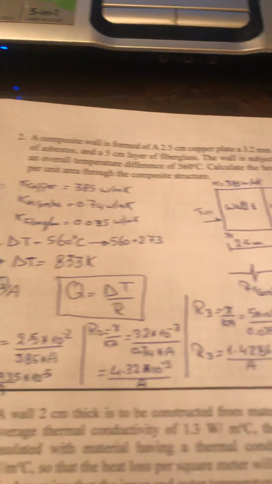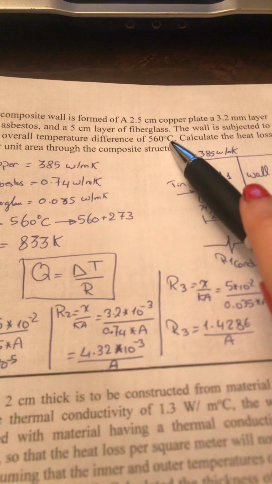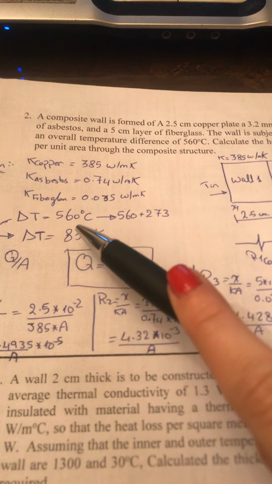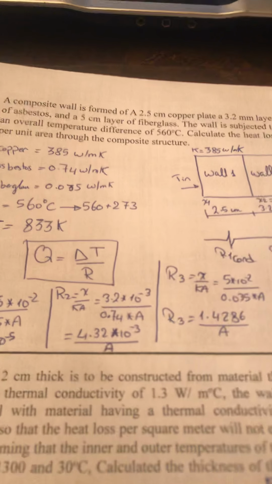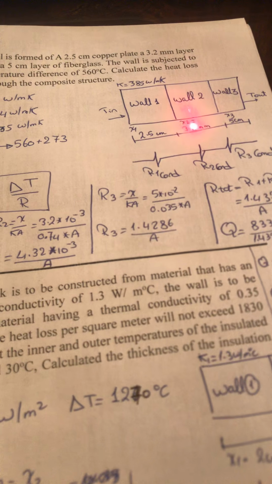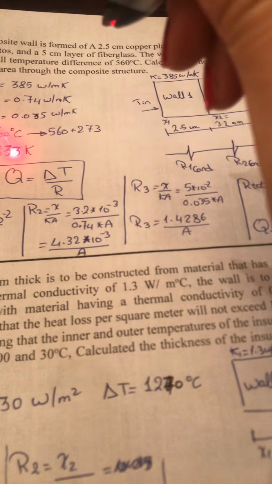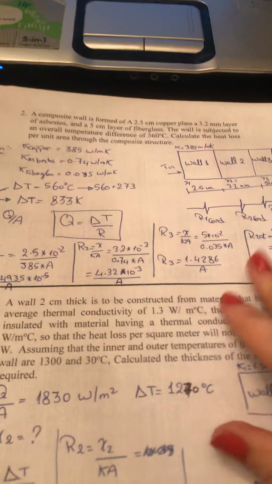The wall is subjected to an overall temperature difference of 560 Celsius. But remember there is something a little tricky: the given K constant is in Kelvin, so you have to change the temperature from Celsius to Kelvin by adding 273.